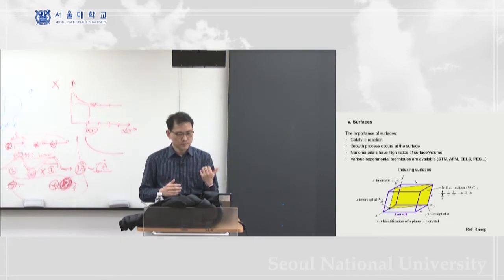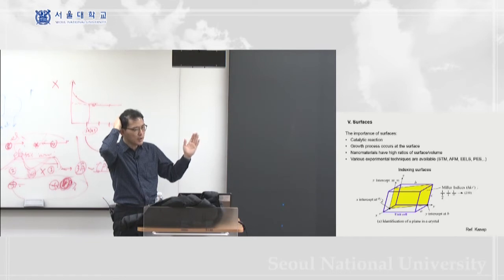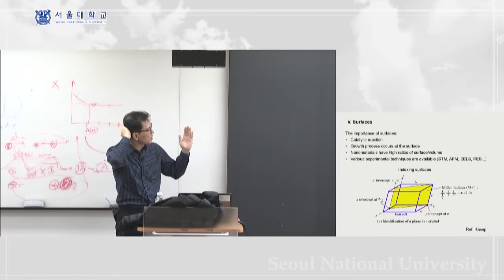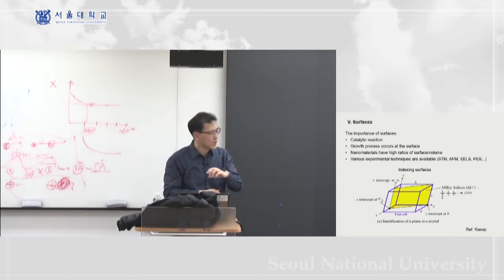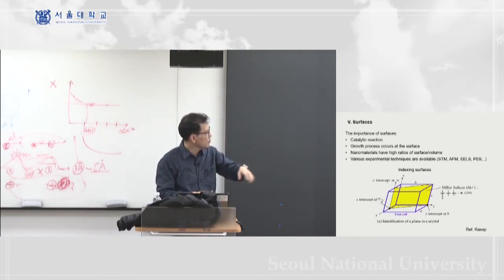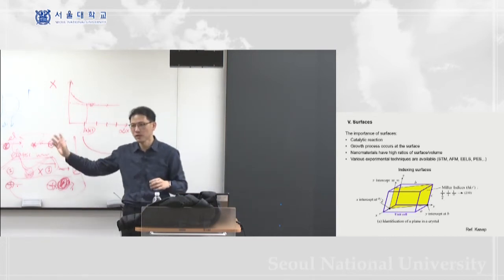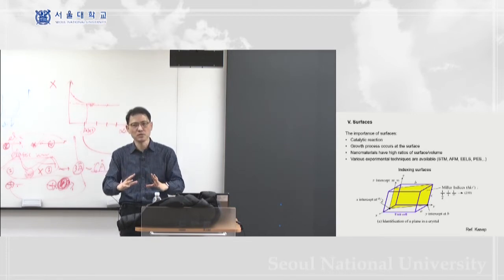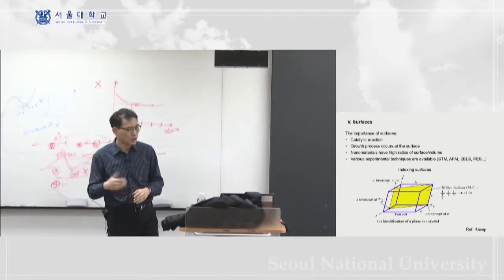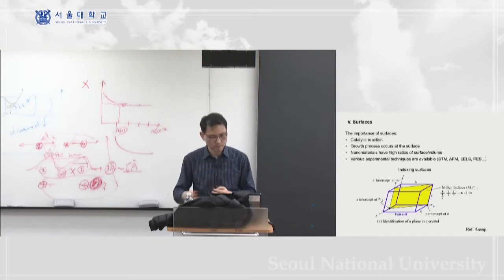Okay, and academically, the surface is very interesting because many experimental techniques like scanning tunneling microscope or AFM or LEED are quite sensitive to the surface configuration. So you can see, actually using the STM, you can see each atom, right? So it is really a good tool to know about real materials. Okay, so the surface is really important.